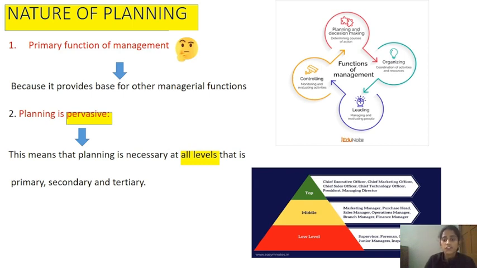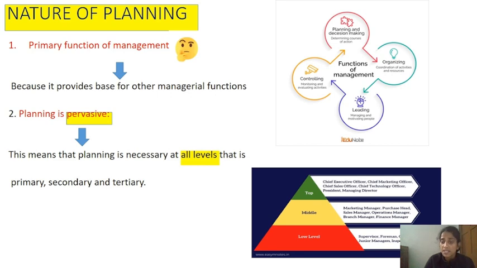Next comes the nature of planning. Number 1, it is the primary function of management. The primary function of management means it is the base on which the other functions of management depend. Just to take an example, organization is another function of management. Controlling, coordination, staffing, these are other functions which ultimately depend on planning.